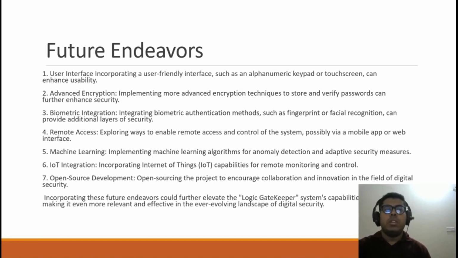Biometric integration: integrating biometric authentication methods such as fingerprint or facial recognition can provide additional layers of security. Remote access: exploring ways to enable remote access and control of the system, possibly via a mobile app or web interface. Machine learning: implementing machine learning algorithms for anomaly detection and adaptive security measures.